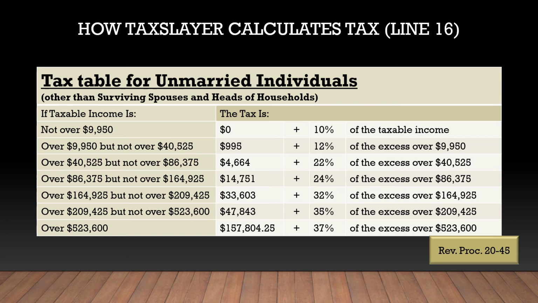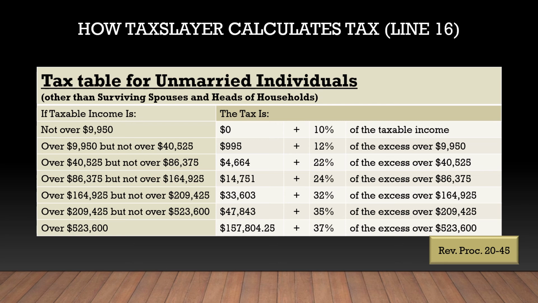So the way that our tax system is structured, it's called a progressive tax system. So we have these layers of income that are taxed at certain rates. And so if somebody is in what we call, say, the 24% tax bracket, it's not their entire income that's taxed at 24%.